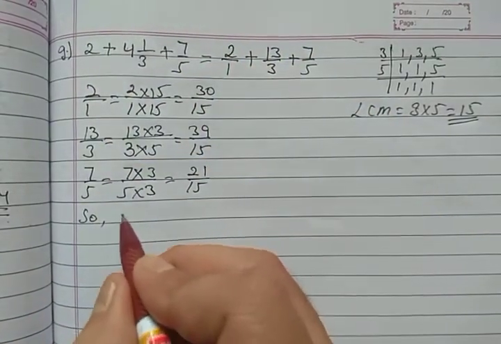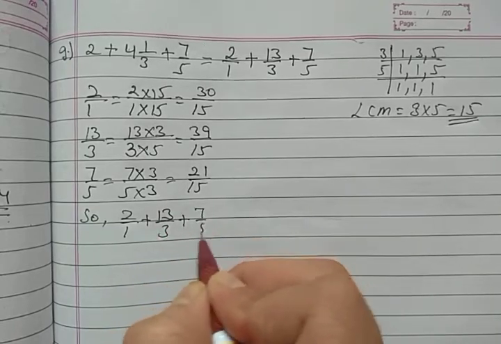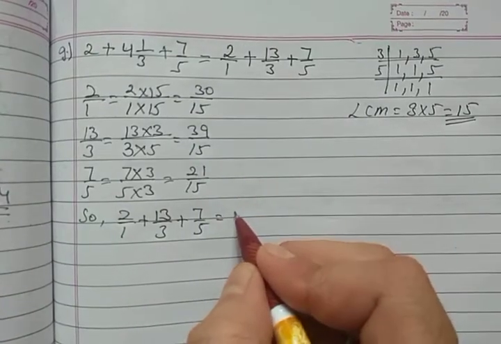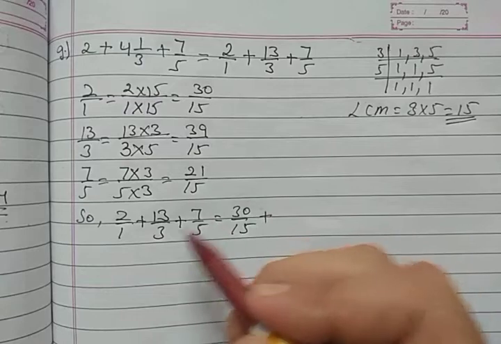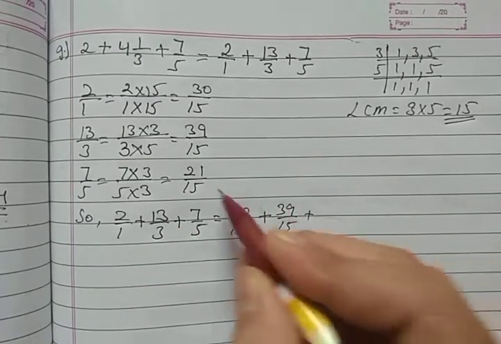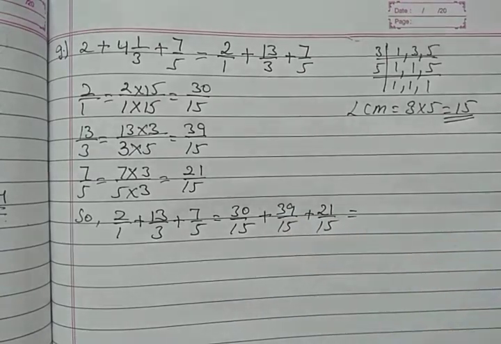So we can write 2 upon 1 plus 13 upon 3 plus 7 upon 5. Replace this. So instead of 2 upon 1, we will write 30 upon 15 plus 39 upon 15 plus 21 upon 15. Now add these.